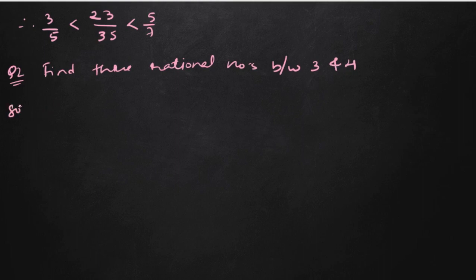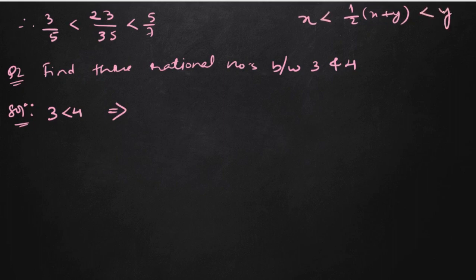Our formula was half of x plus y. Between two rational numbers x and y, we can find another rational number half of x plus y. Here 3 is less than 4. So what was our formula? x is less than half of x plus y, which is less than y. So we will apply this.